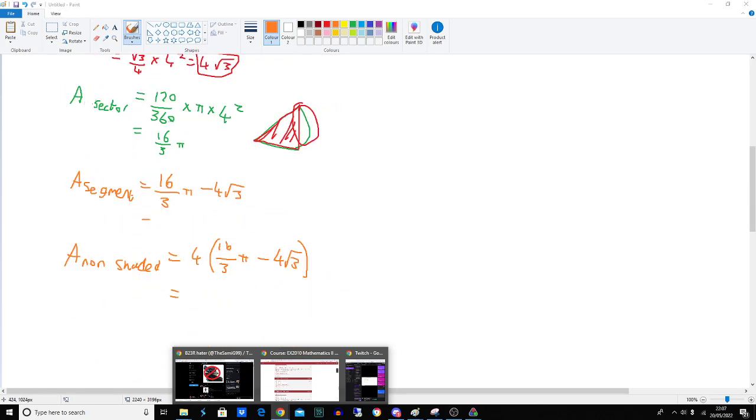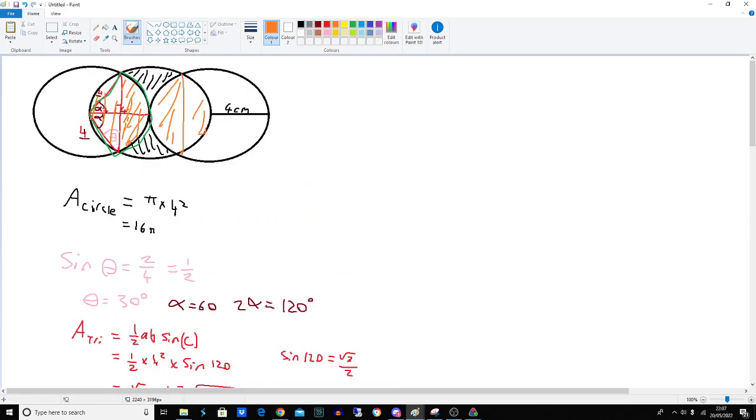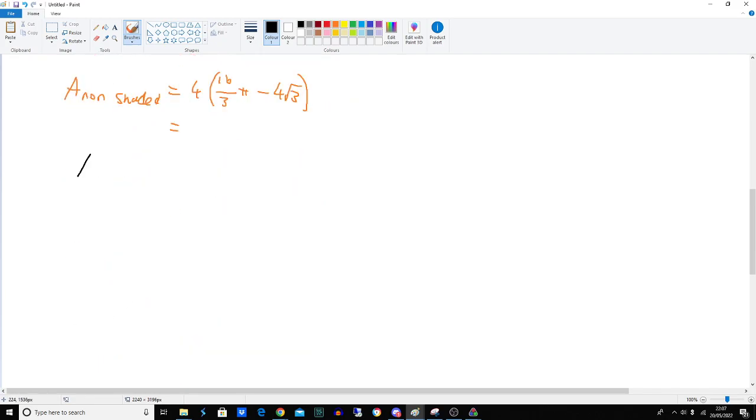Which means that, I'll put this in black now, the area of the shaded is equal to 16 pi minus 4 times 16 pi over 3. I'm going to use times because some people haven't learnt that the dot means times.